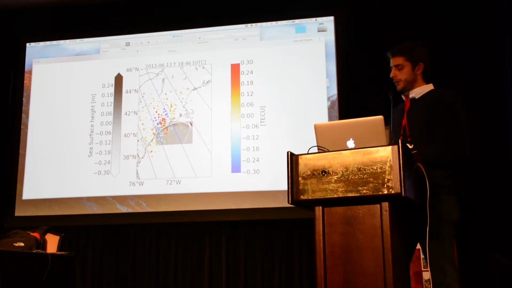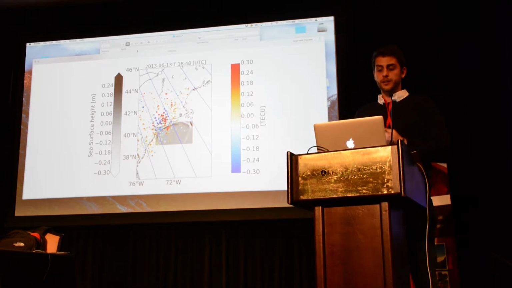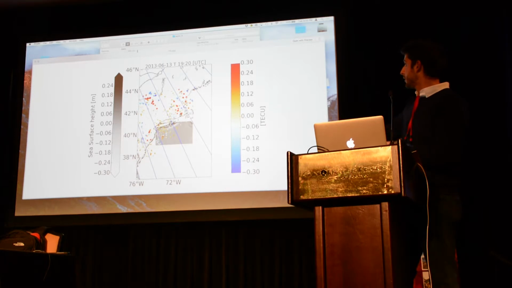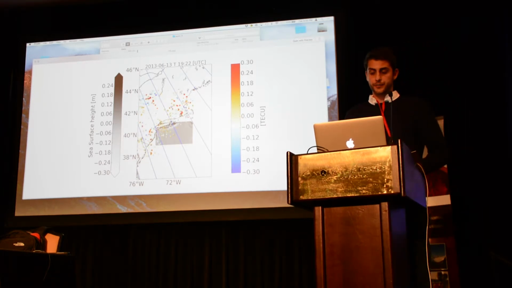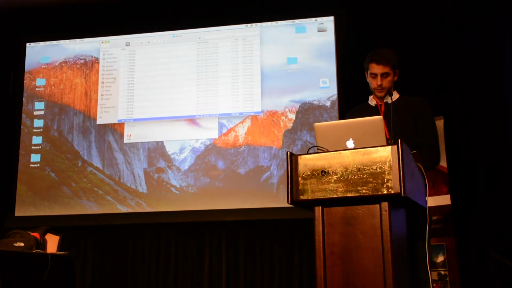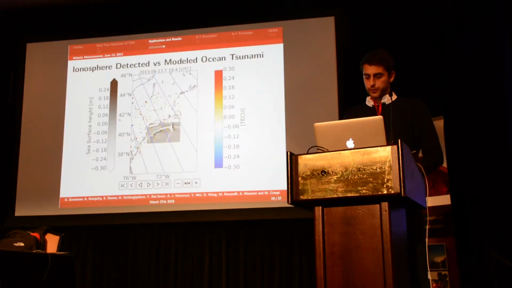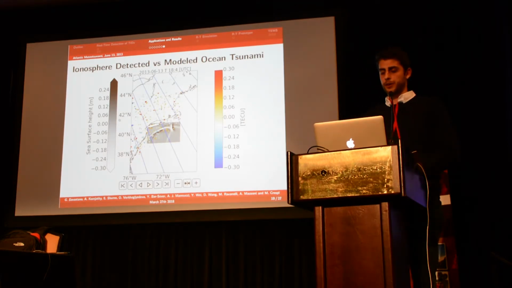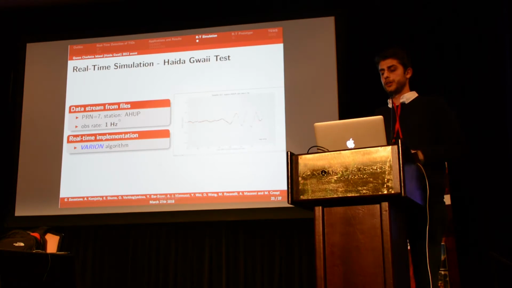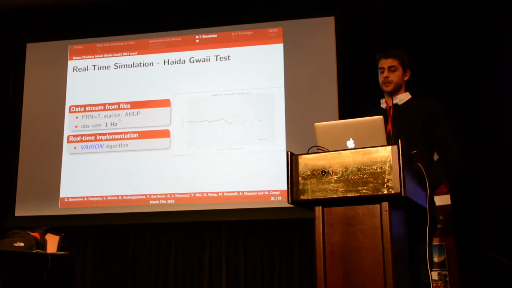We see a TEC perturbation moving along this east coast, and then disappearing after the tsunami wave is gone. So this was the second study case we're working on, and now we'll show you a real-time simulation test.